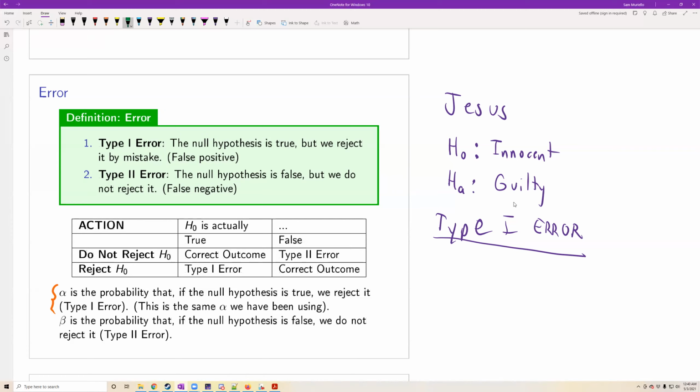We're not going to learn how to calculate it in this class, but it's the probability that if the null hypothesis was false, then we don't reject it. It's the probability that we commit type 2 error. Sometimes you want to make alpha as small as possible, and sometimes you want to make beta as small as possible. Usually you want to find a good balance between the two, but there's usually one that is much, much worse. Let's go through a couple of examples here.